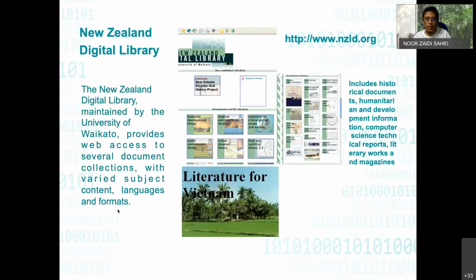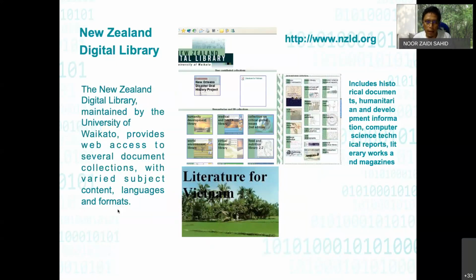Nanti boleh akses cari New Zealand Digital Library, and they use Greenstone to develop this project. Dan di sini ya, sekiranya ada yang nak explore Greenstone as your group project, you boleh download dan you boleh gunakan.